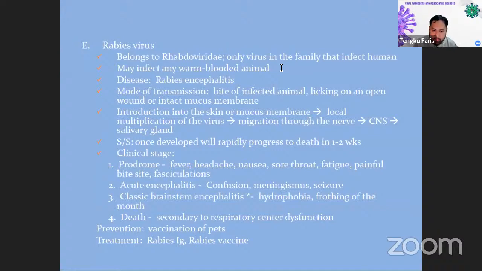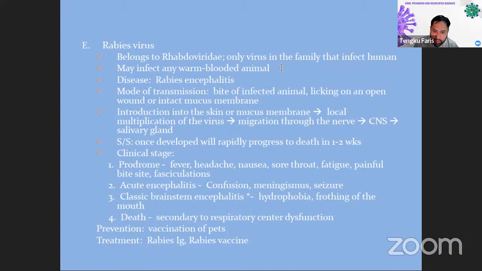4 main stages, we call it the prodrome clinical stage. The first stage, you have the fever, headache, fatigue, painful sensation at the bite site, and after that is acute encephalitis. Your brain, you have the brain fog, confusion, seizures, and after that, brainstem encephalitis, frothing of the mouth, and it can cause the death too.